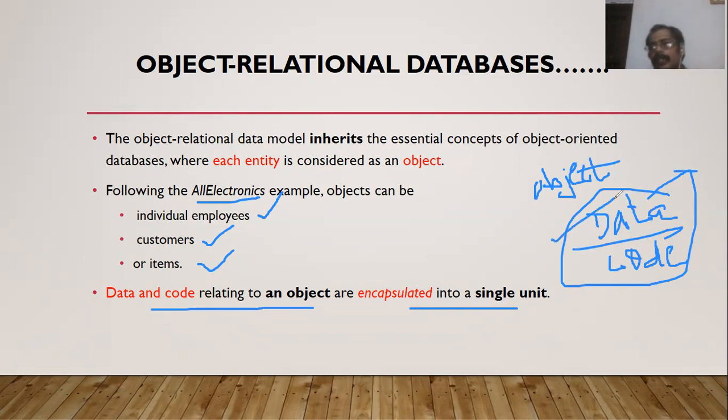It's a single unit. So object relational data model inherits the essential concepts of object-oriented databases where each entity is considered as an object. And the data as well as the code of an object are encapsulated into a single unit.